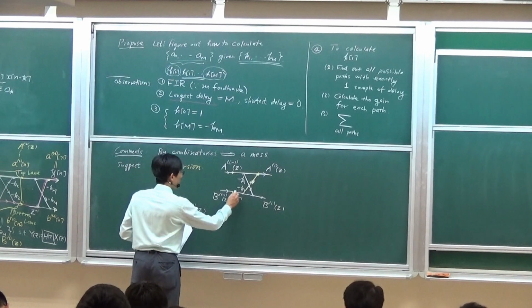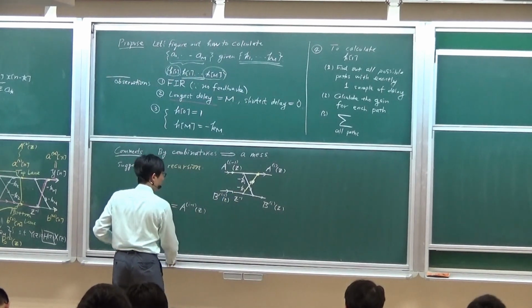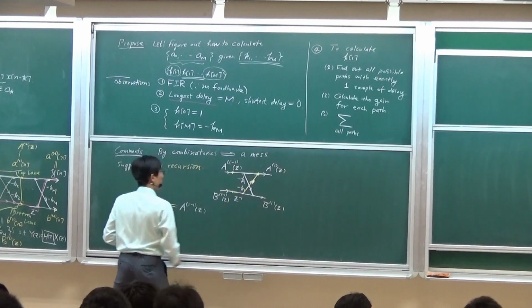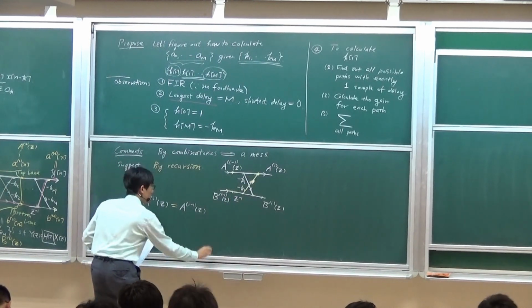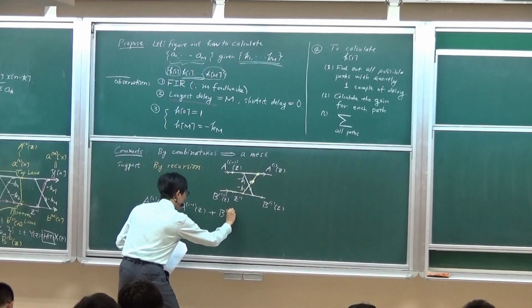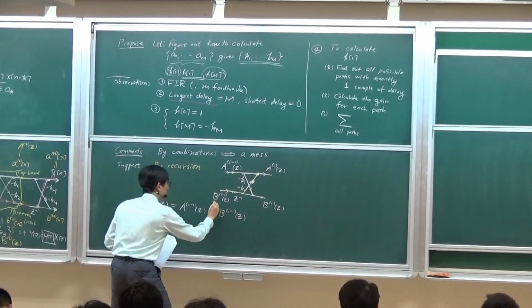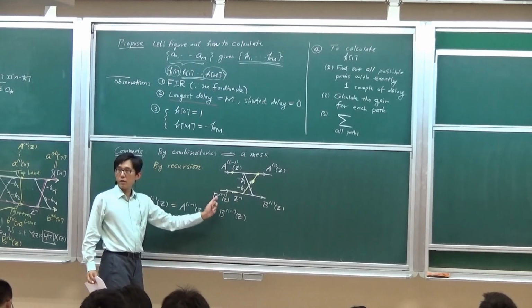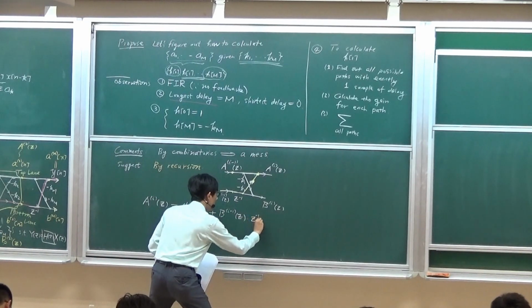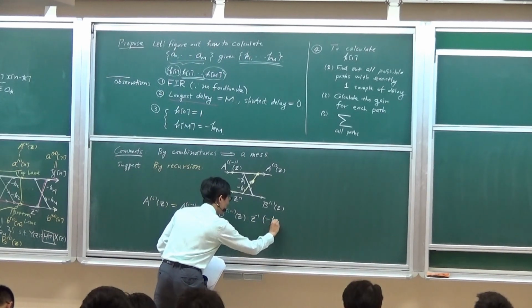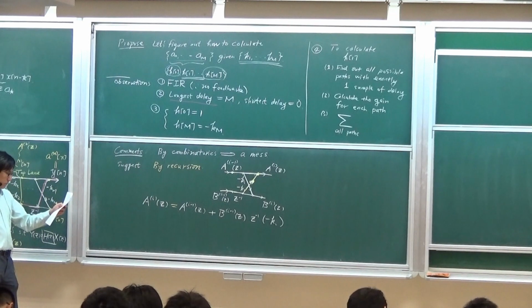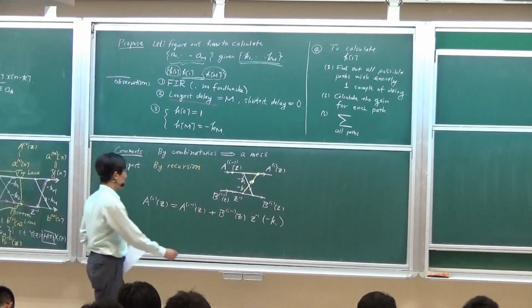Plus this path, and that path should be plus B, that's the input right here, times Z inverse times minus K_i.